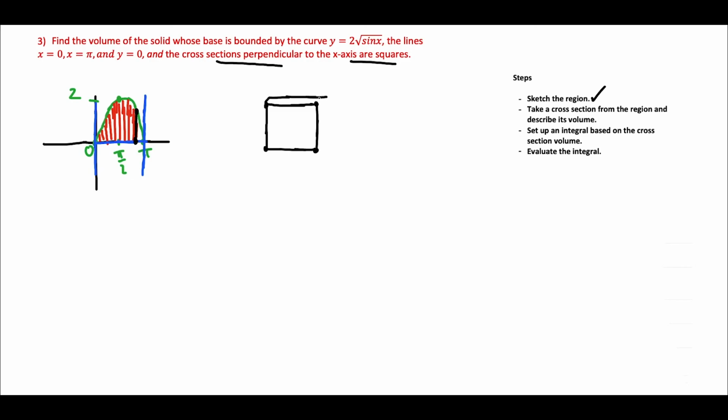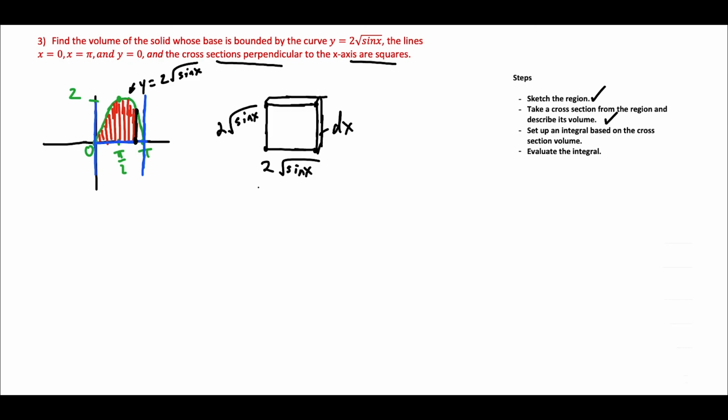And remember, the thickness of the square is going to be delta x. But if you think about it, the distance from the curve to the x-axis is just determined by this equation here, y equals 2 square root sine x. So all the sides of this square are going to be 2 square root sine x. And this is going to help us describe the volume of one of these cross sections.